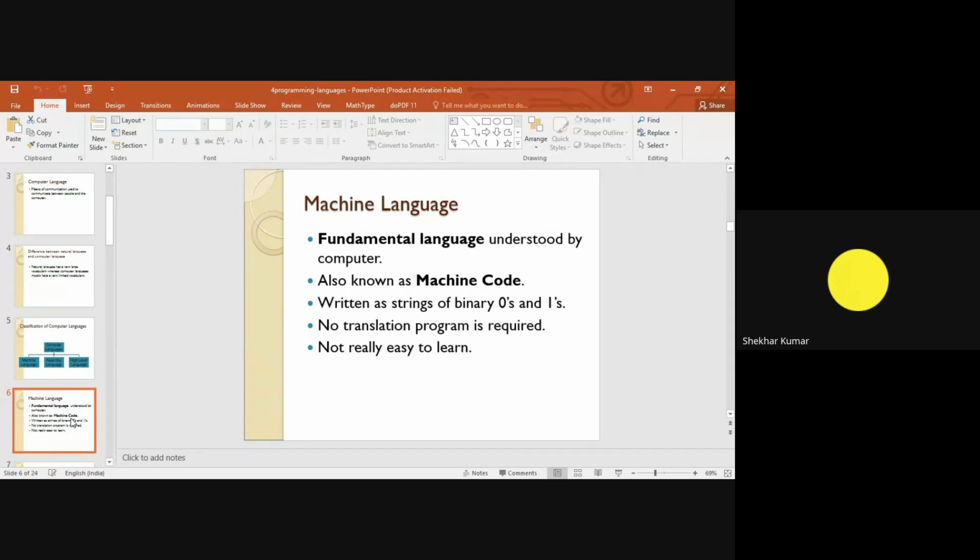It is not easy to understand. It directly connects to the machine, so there is no need of a translator. No translation program is required in machine level language. It directly interacts with the machine. But it is not easy to learn, and this language is very tough for humans to understand.